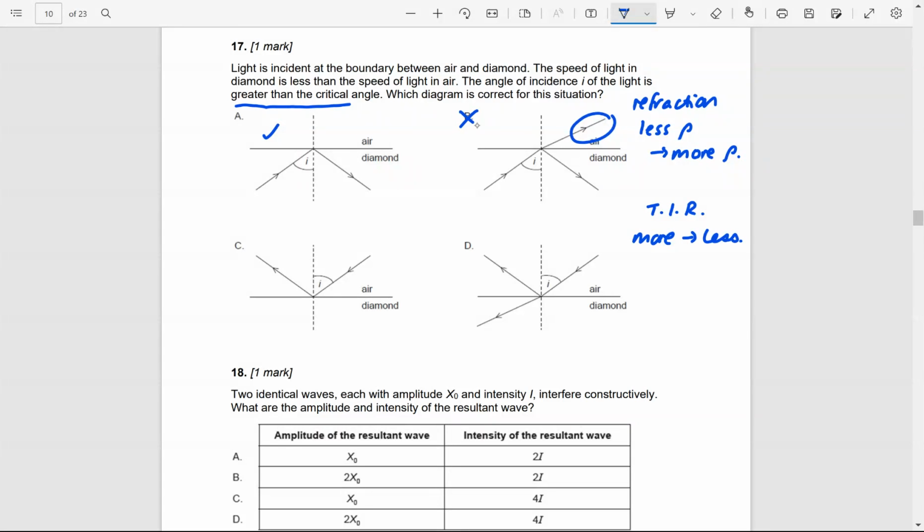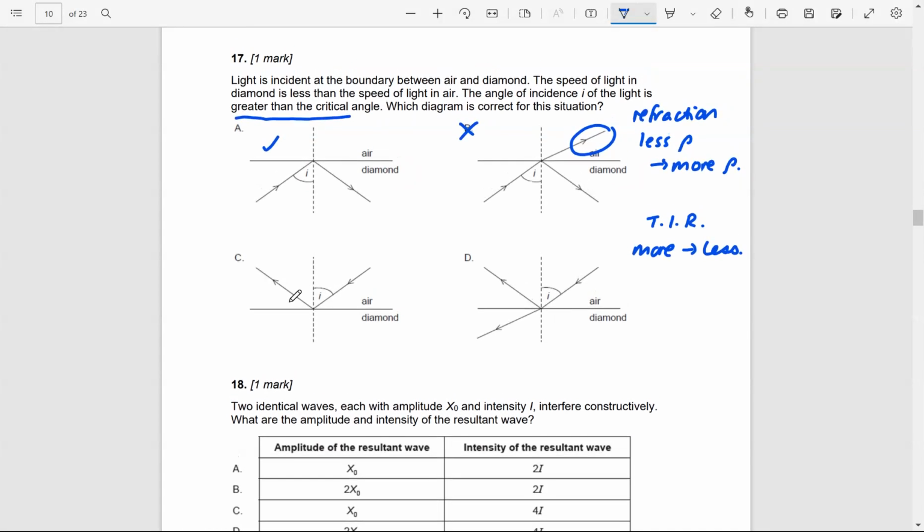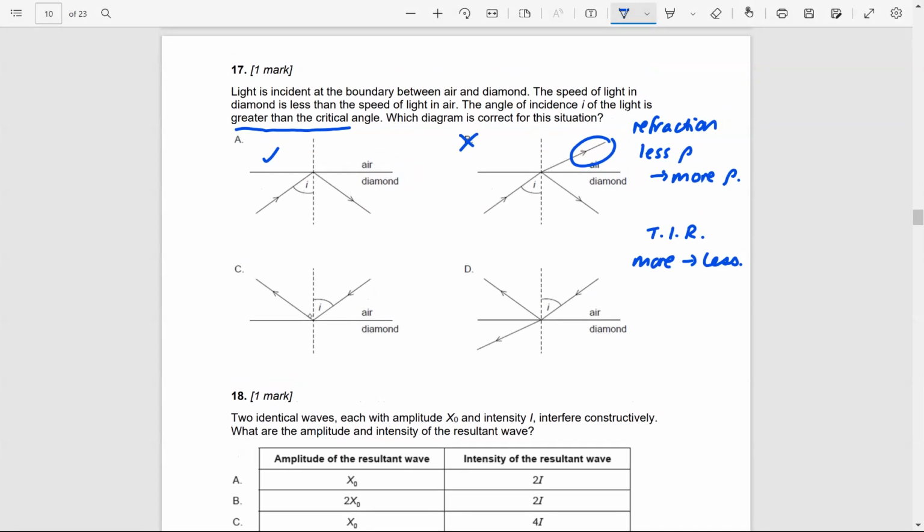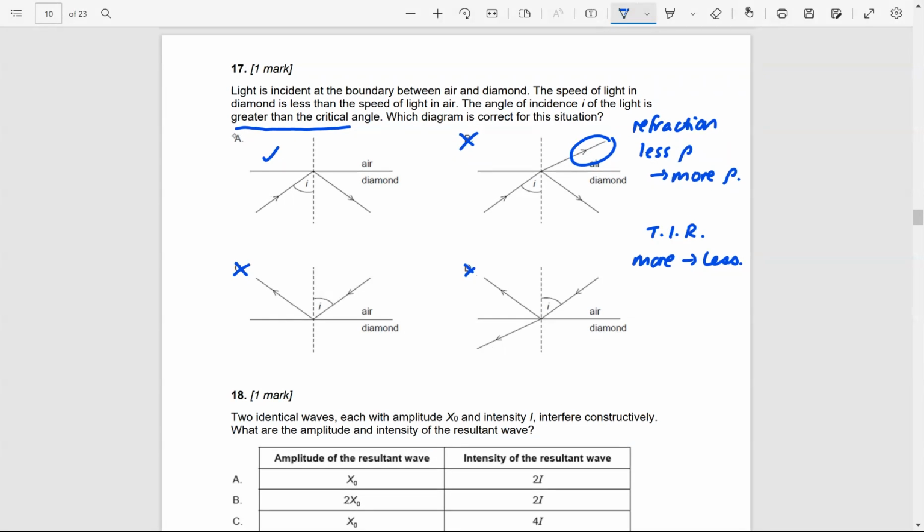So it's not B. It can't be C, because it looks like we've got total internal reflection here, but we're going less to more, and that doesn't work. So it's not C. And again, same idea here. It's not D. The only one it could be is A.